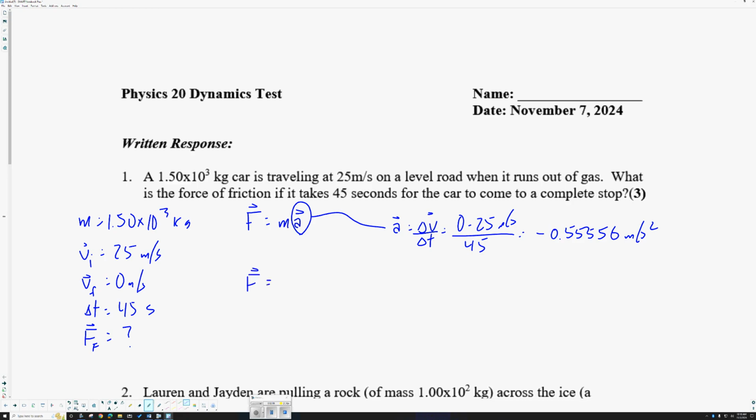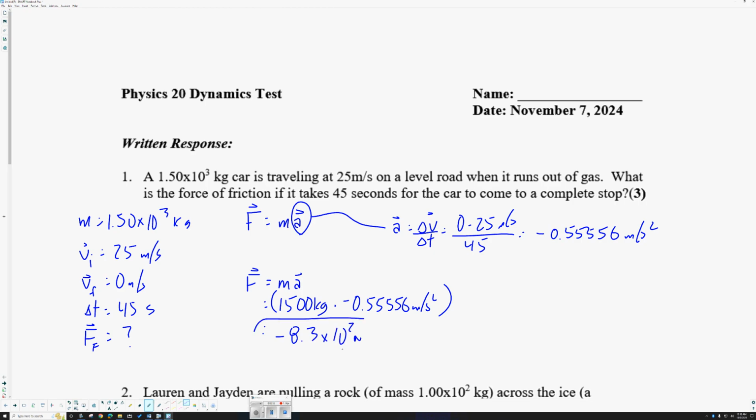Now we find that force of friction, or the net force, which is the force of friction. We're going to say 1,500 kilograms, that's my mass, times the acceleration that I just found, negative 0.55556. That gives me a value of, with 2 digits, negative 8.3 times 10 to the 2 newtons.